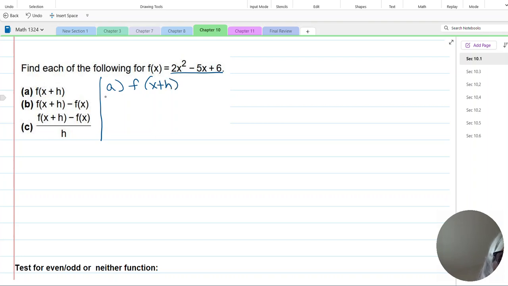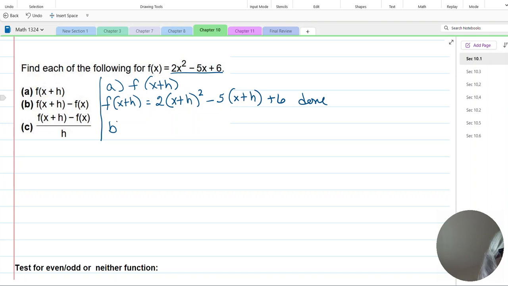All right, so to do that, we're going to say f of x plus h equals 2 parentheses. Notice the 2 is a multiplier, not part of the argument x. x plus h squared minus 5 parenthesis x plus h, plus the 6, and I'm done.